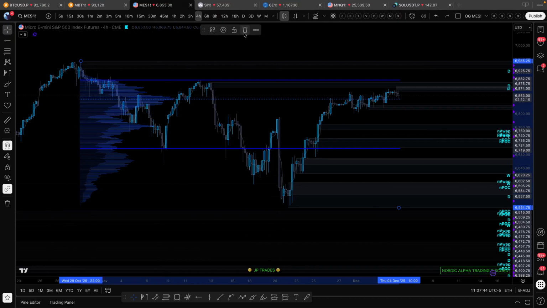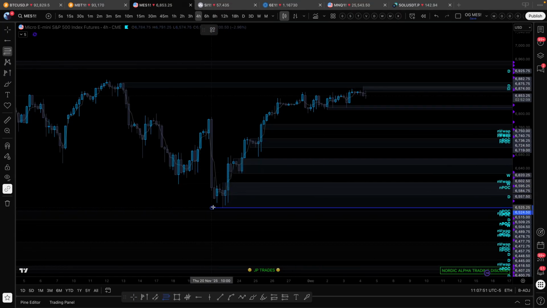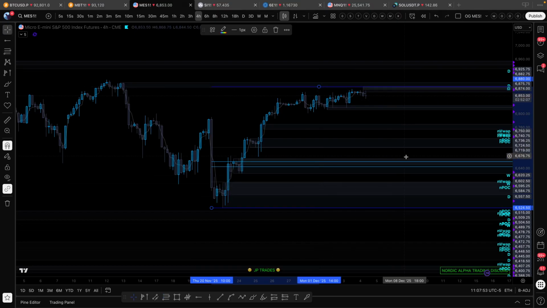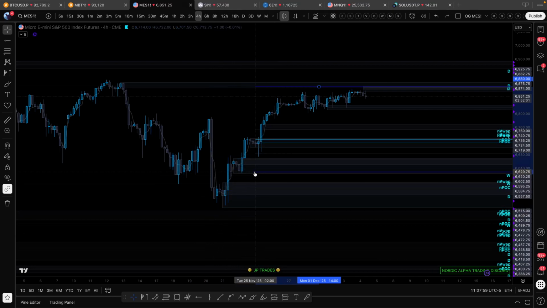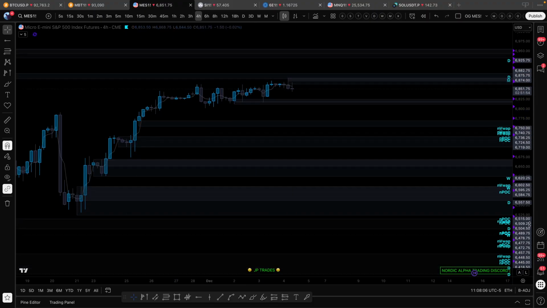So all of these order blocks, I actually like all of them for different reasons. Let's do our Fibonacci pull. We have the golden zone right around this area, but if you pull it from more of a local pull here, this area is also in your golden zone. So I like all of these areas.